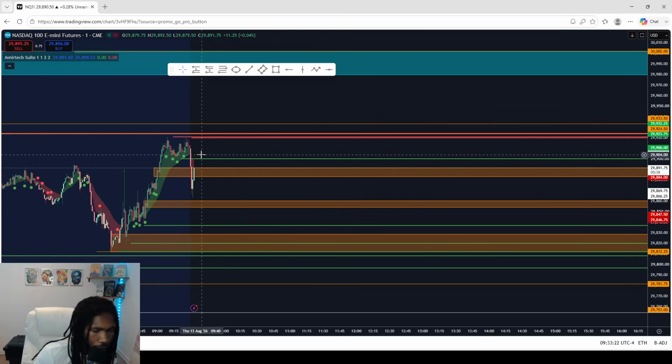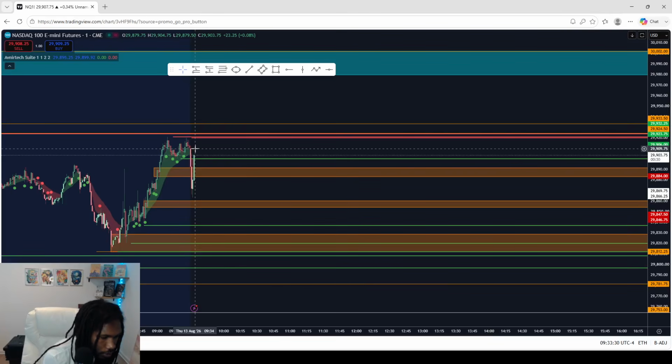Get some resistance up here, and then let's see if we can sell the market right here. All right, we're in. I entered at 90861.